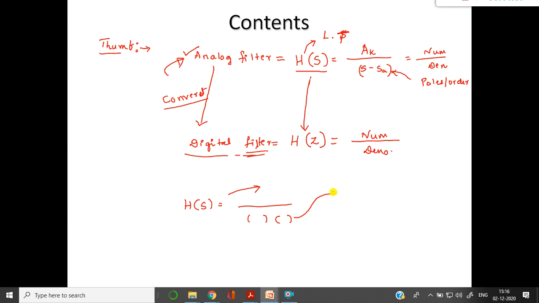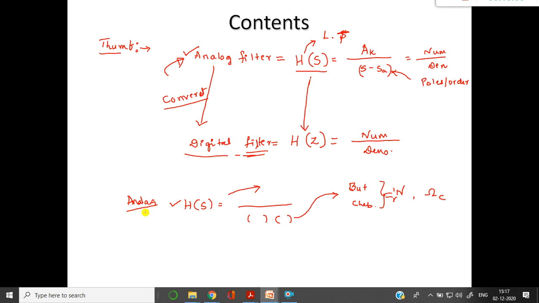How do you identify the poles? Poles are identified by two main approaches: one is Butterworth and another one is Chebyshev. By considering these, I calculate the value of n, followed by omega c, so in turn I will be able to obtain my H(s), which is nothing but my analog filter, right?